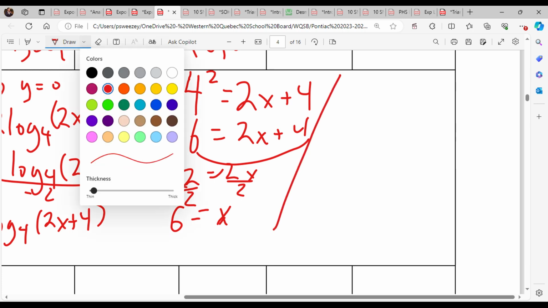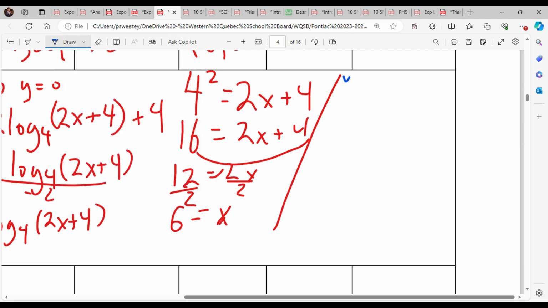On this guy here, we're asked to find what the y value is when x is 0. So y is equal to negative 2 log 4 of 2 times 0 plus 4, plus 4.